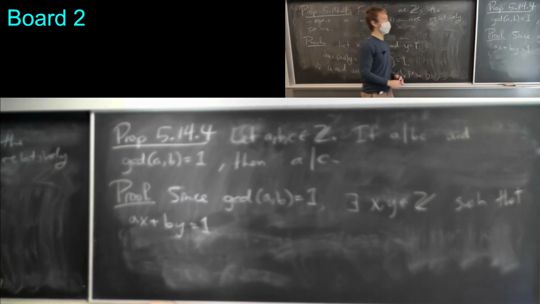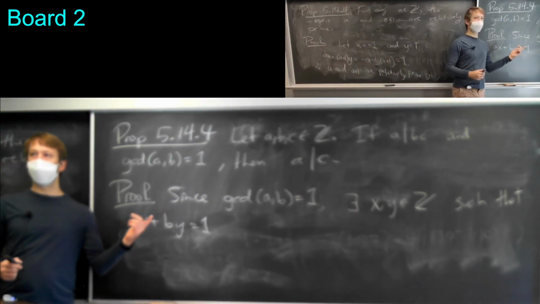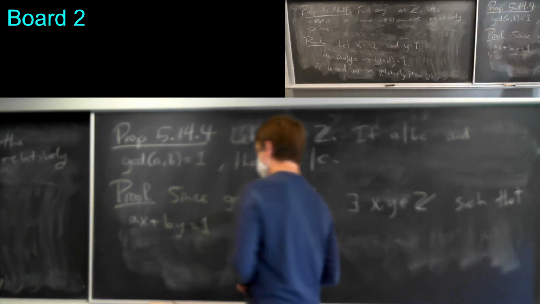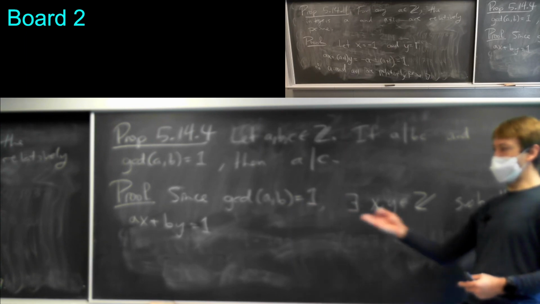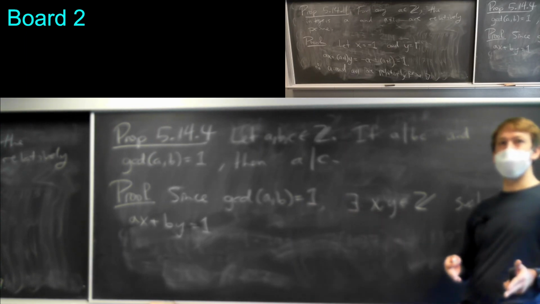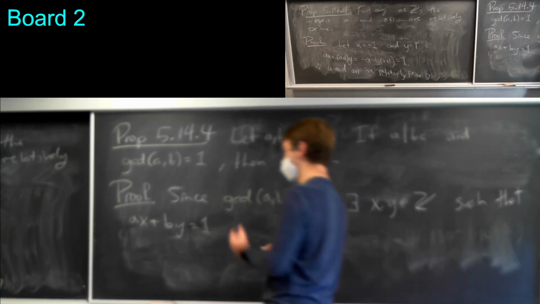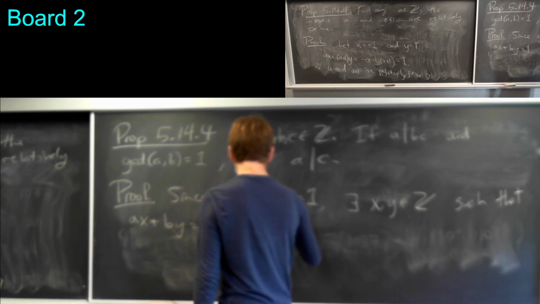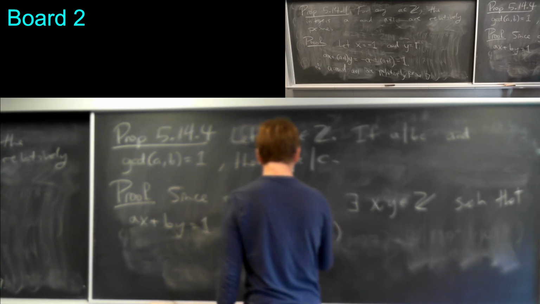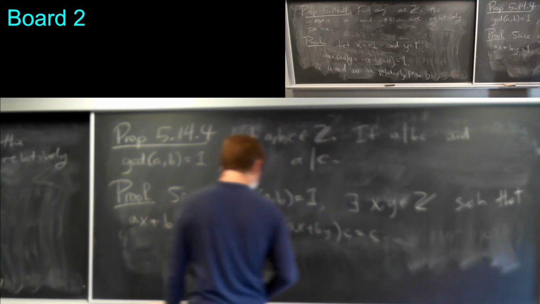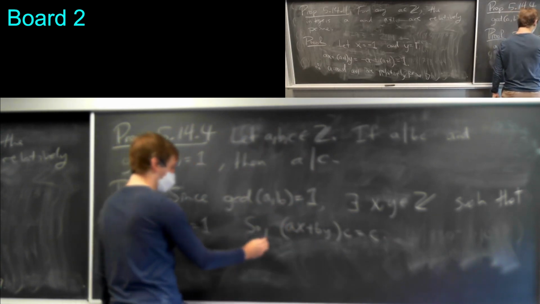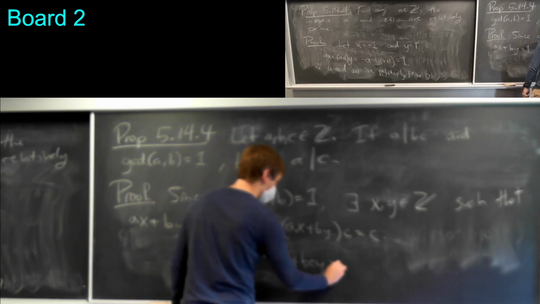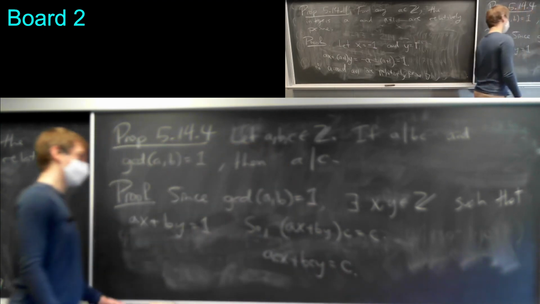What does this have to do with a dividing bc? There's no clear connection yet. But the trick is to multiply both sides by c. Then we get (ax plus by) times c is equal to c. If I bring that through, we get acx plus bcy is equal to c.